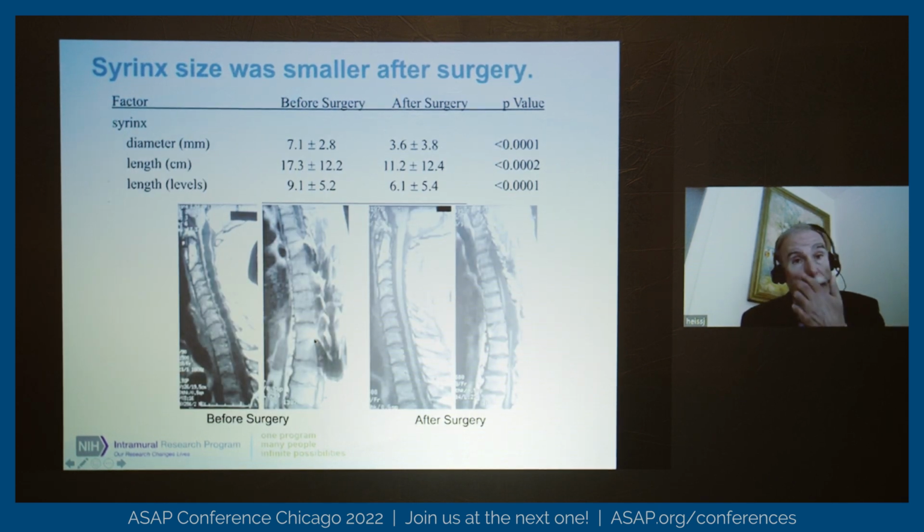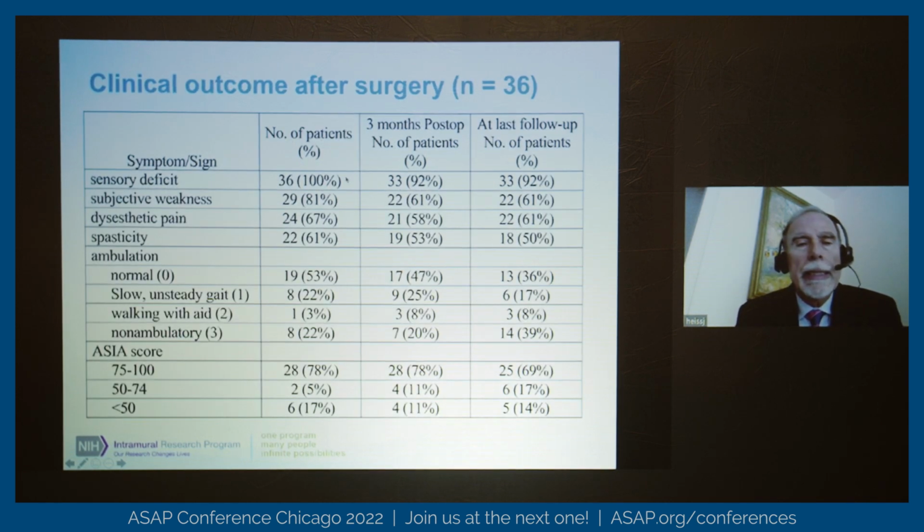And so after surgery, the syrinxes got smaller for the group as a whole, and most people were the same or maybe a little better immediately after surgery, but we realized at last follow-up, which was about 4 years later, that some of these people fell off as far as their ambulation. I mean, when we operated, 53% were normal ambulators, but at 4 years later, it was 36%.